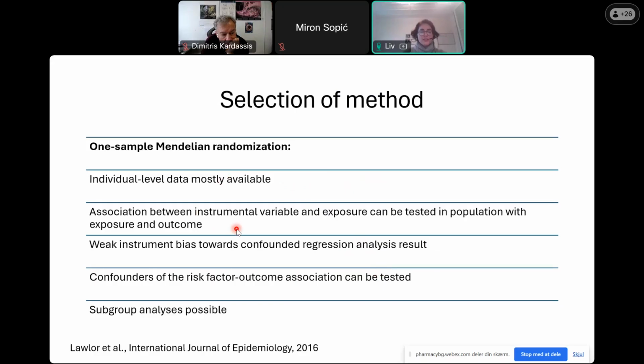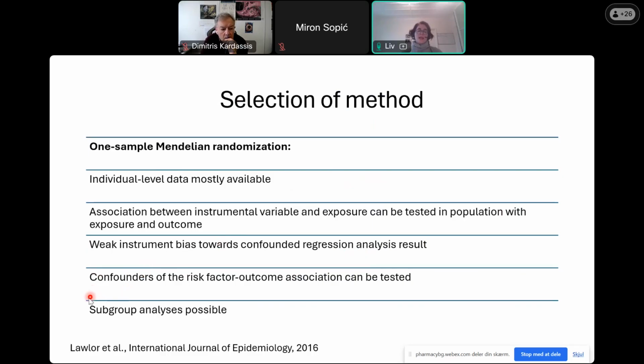Another advantage is that you can test the association between your instrumental variable and your exposure, both in the population where you have your exposure and in the population where you have the outcome, because these are the same, because it's a one sample. If you have weak instruments, they will bias the results towards the observational results.